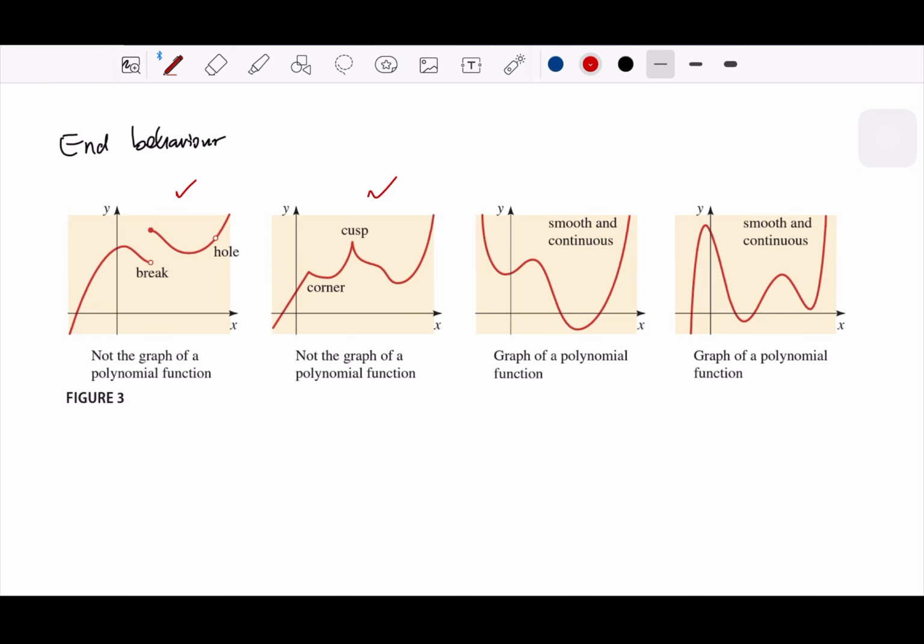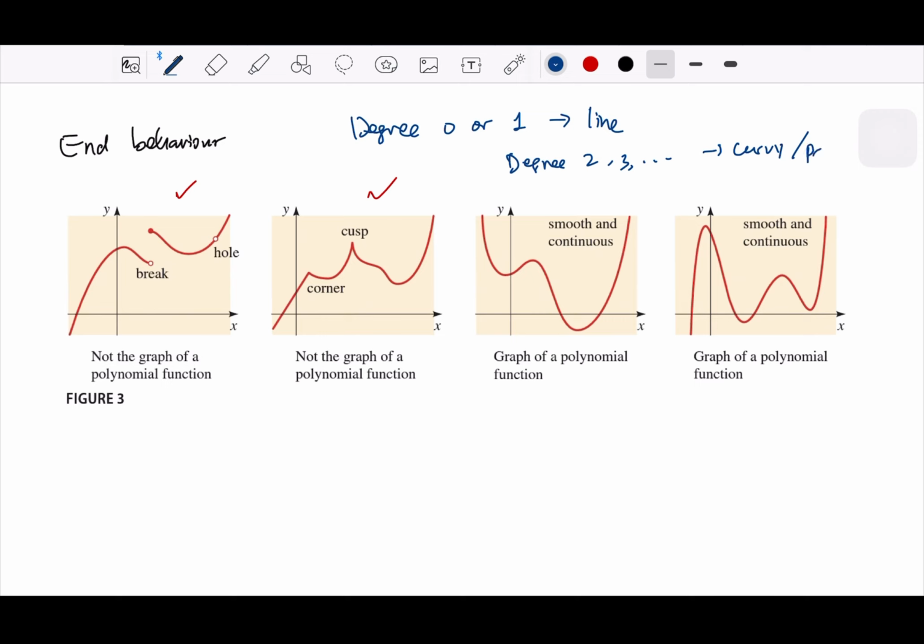If you remember, degree 0 or 1 polynomials lead to line graphs, and from degree 2, 3 and more, it will be curvy, or a parabola. Curvy has a curve, right? So it means this is at least degree 2.